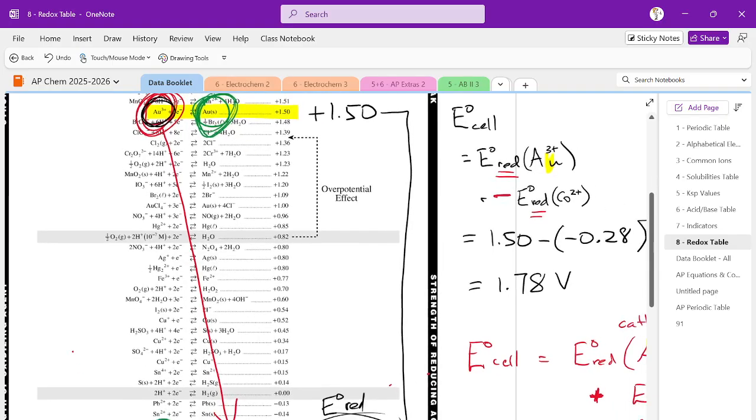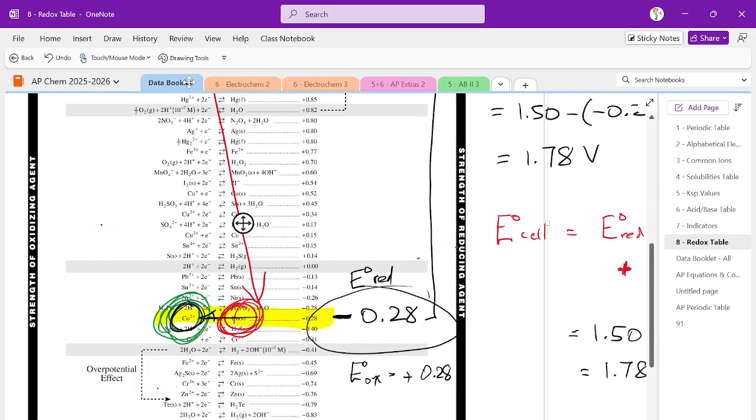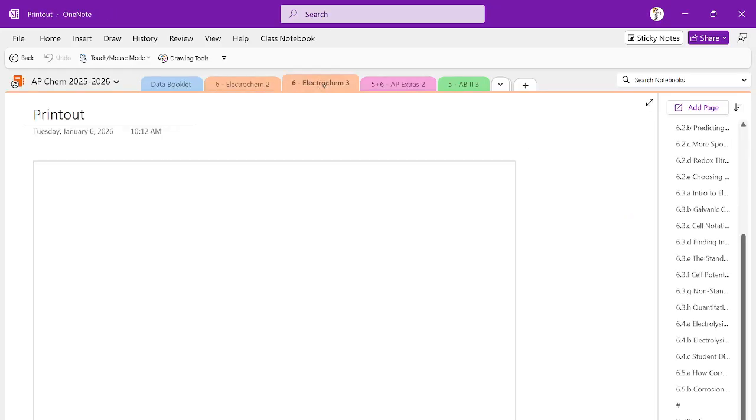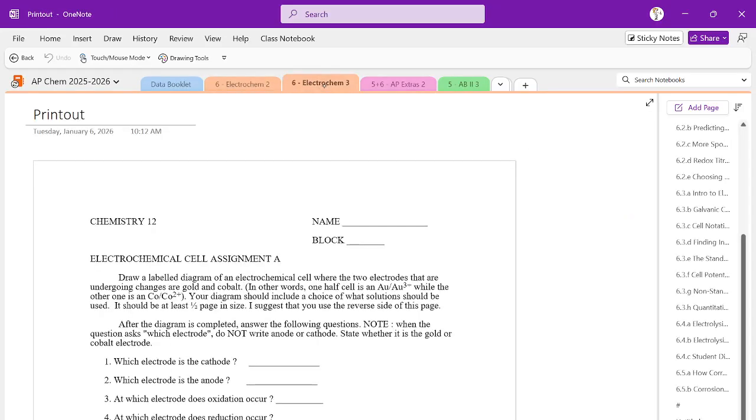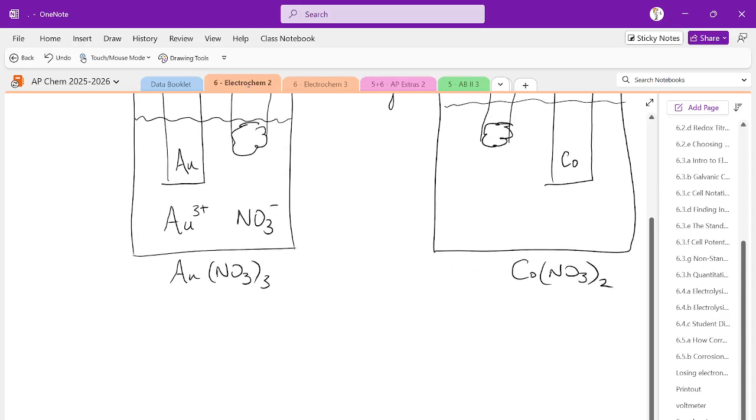The spontaneous reaction is between Au3+ and cobalt neutral. So what that means is that our reaction is going to be between Au3+ and cobalt neutral. Those are my reactants.